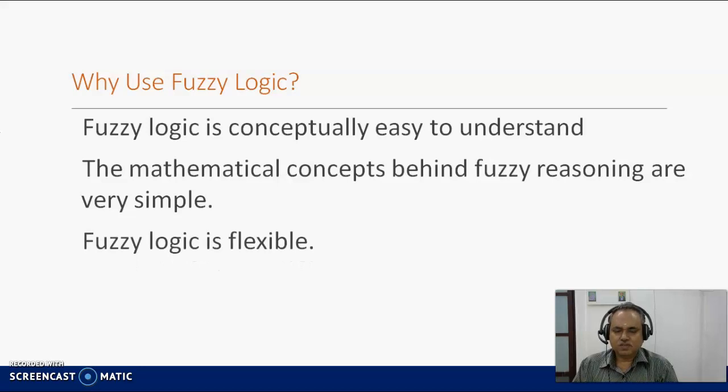Fuzzy logic is flexible, so unlike other programming languages, fuzzy logic is very flexible. It means that once the fuzzy logic system is developed, it can be easily modified, added to, deleted from, and appended. Just compare with any program written in C. Somebody has written a program in C and somebody else wants to correct it, then the corrector must know the entire program, and only then can they successfully change it.